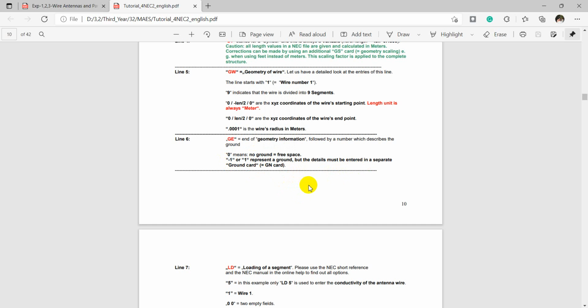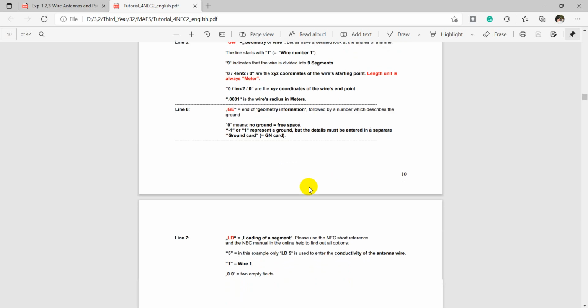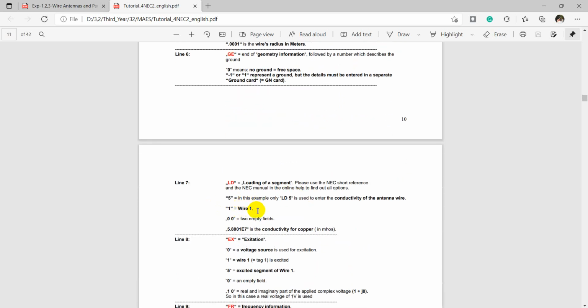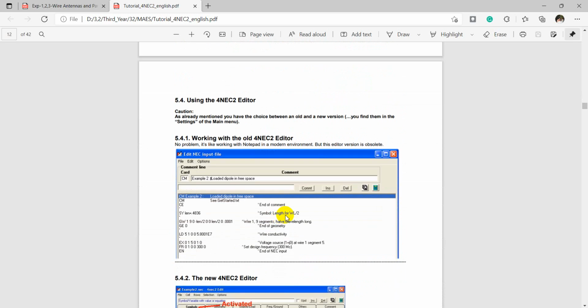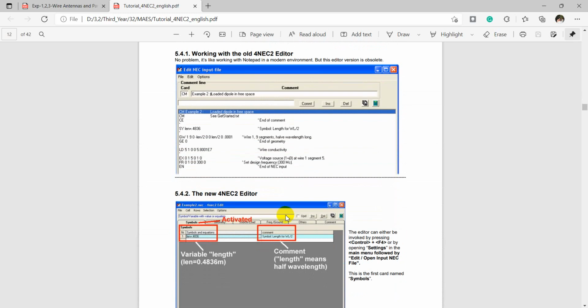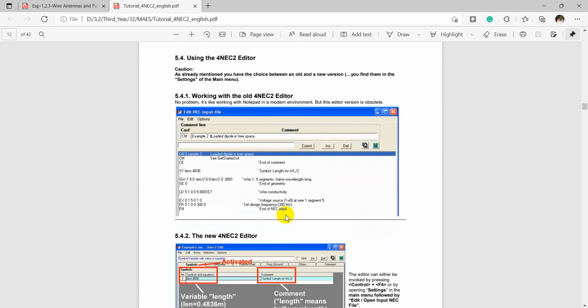When we see the LD section, that is the loading of the segment. So at the time of starting a design, they take the values according to their indication, as seen in the Notepad or NEC input file.